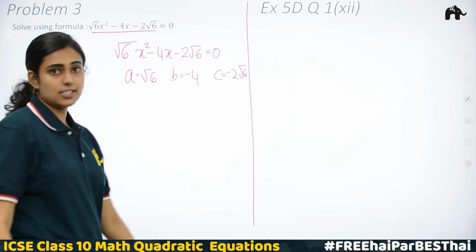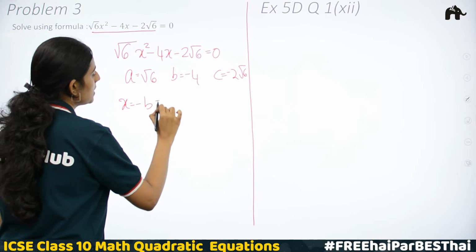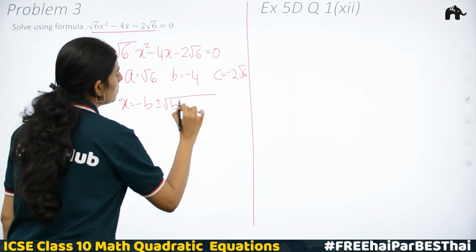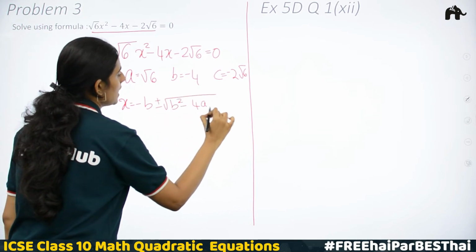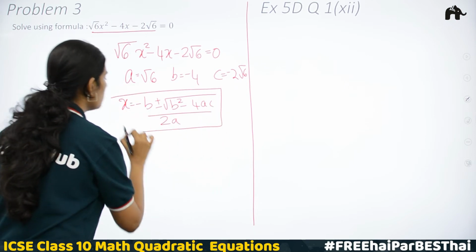What is our quadratic formula? X is equal to minus B plus or minus root of B square minus 4AC divided by 2A. This is our quadratic formula.